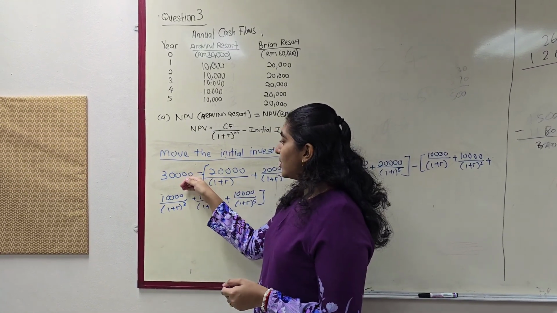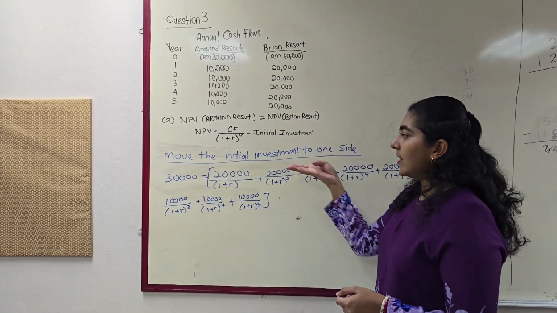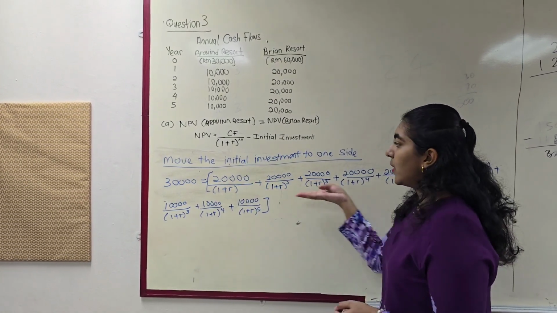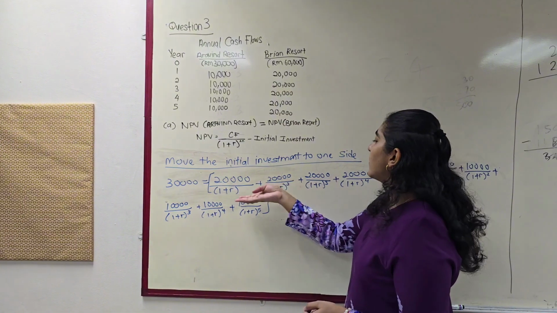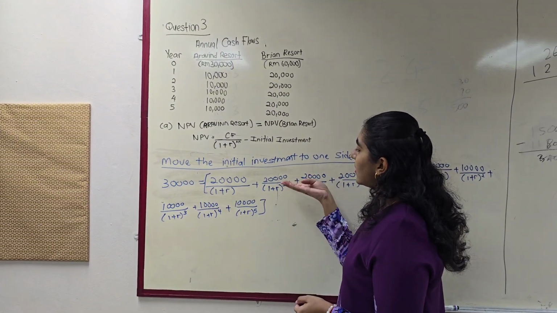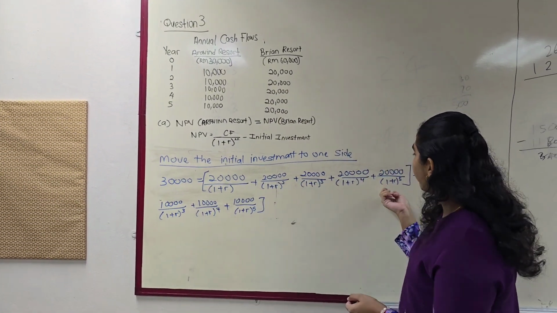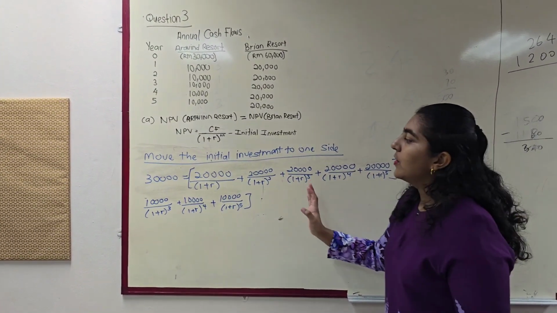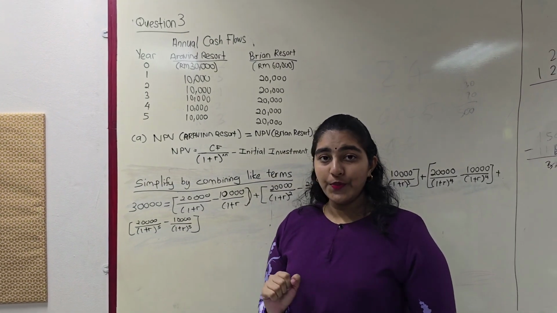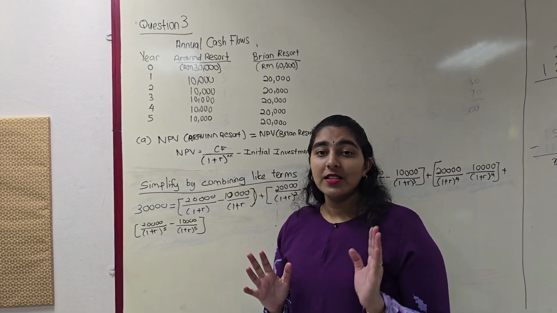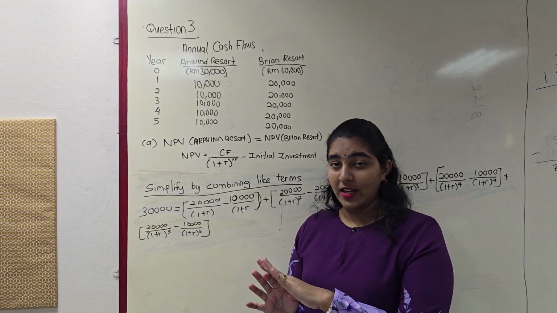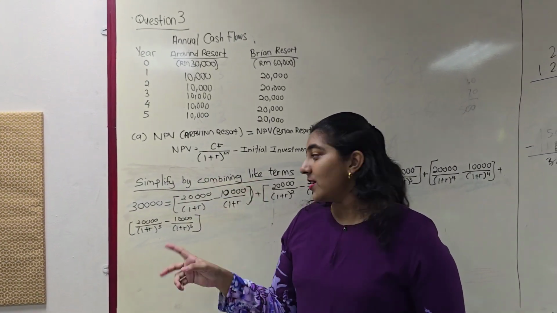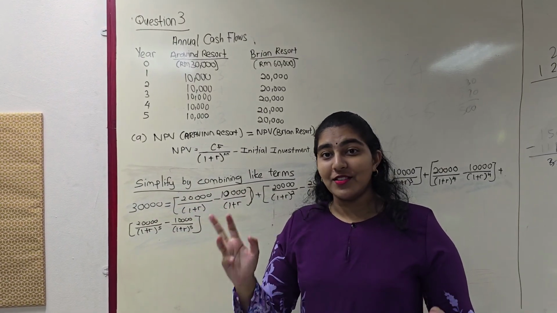Then it equals 20,000 divided by 1 plus R, plus 20,000 for year 2, year 3, year 4, year 5, minus 10,000 for year 1, year 2, year 3, year 4, year 5. The next step is to simplify by combining like terms. The 30,000 remains constant.